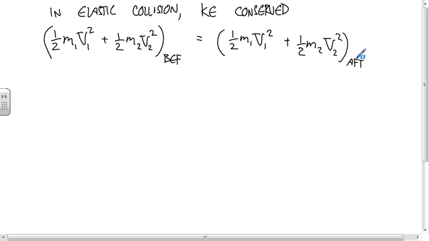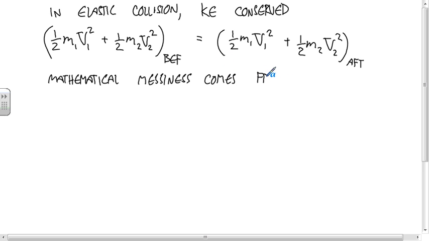And so the mathematical messiness of these elastic problems comes from the fact that we'll have to solve a system of two equations now.